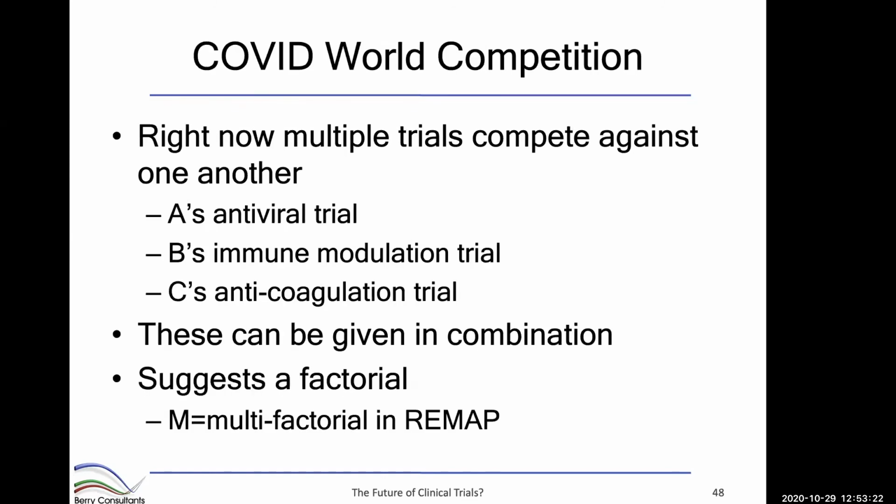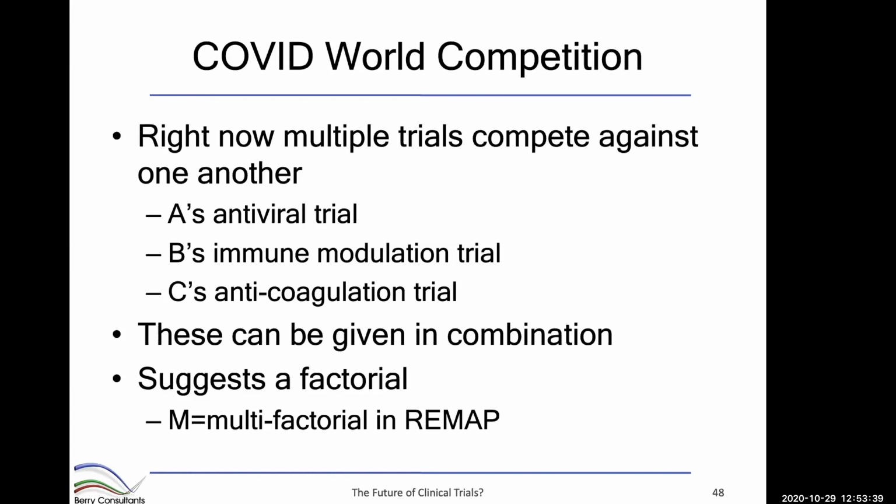In COVID, what we're seeing right now is really an unfortunate aspect of competition. So I've been in meetings, we talked about the active trials. I'm not in those meetings, but I do hear about them, we participate in them.